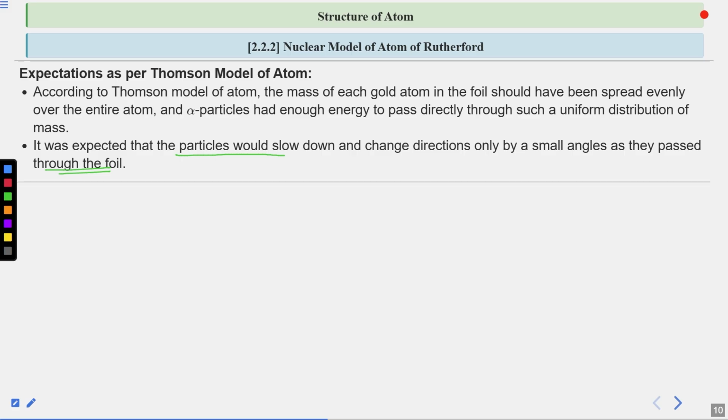So is this clear to you? What was said is that if the Thomson model was true, the alpha particle should have passed directly as the mass is distributed uniformly, or it would have been reflected due to the positive charge. But what was seen?